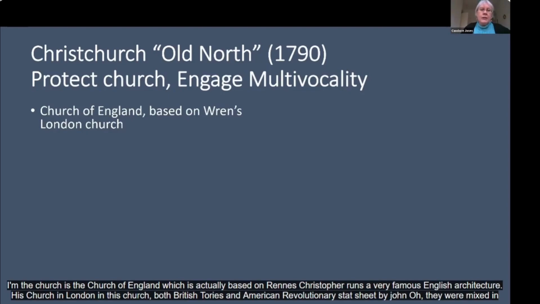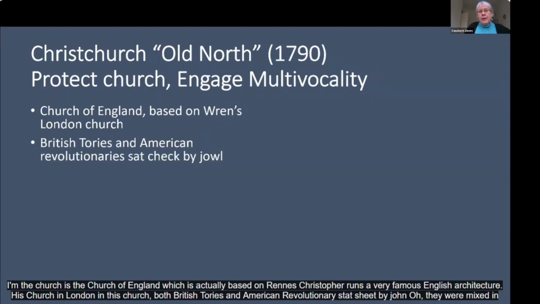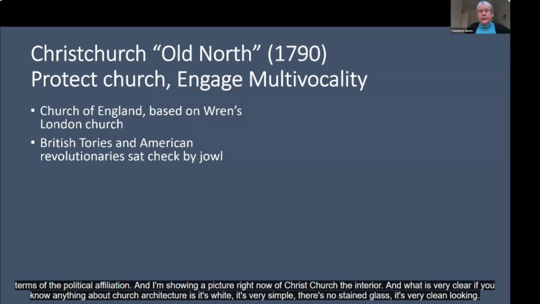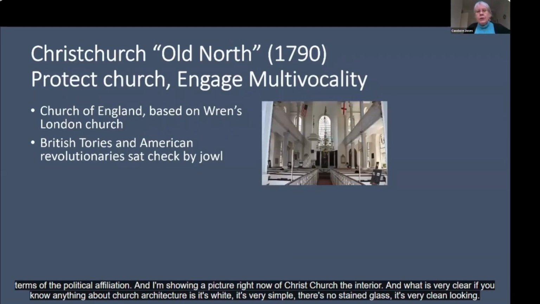The church is the Church of England, which is actually based on Christopher Wren's, a very famous English architect, his church in London. In this church, both British Tories and American revolutionaries sat cheek by jowl. They were mixed in terms of the political affiliation. And I'm showing a picture right now of Christ Church, the interior.